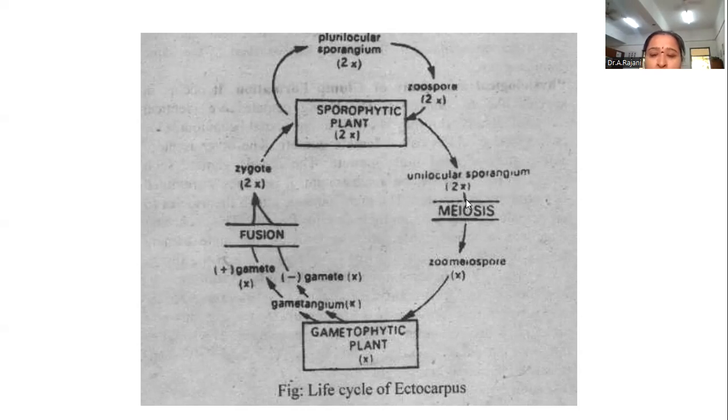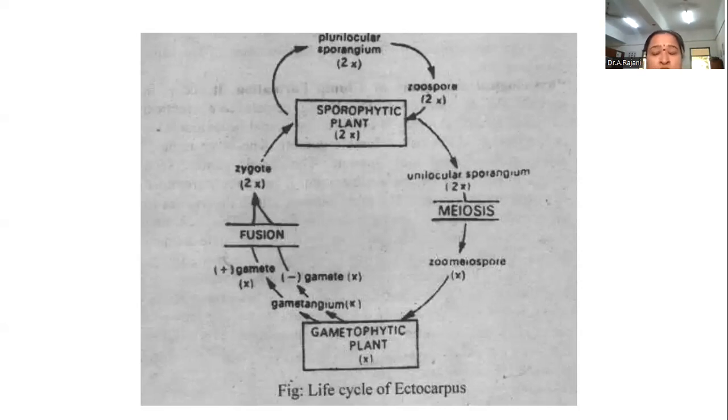This unilocular sporangium undergoes meiosis to form zoospores, one a male gamete and another a female gamete. Both fuse to form the zygote. This zygote forms the sporophytic plant structure. Here you can observe both are present. That's why this life cycle is called isomorphic diplohaplontic. Why isomorphic?